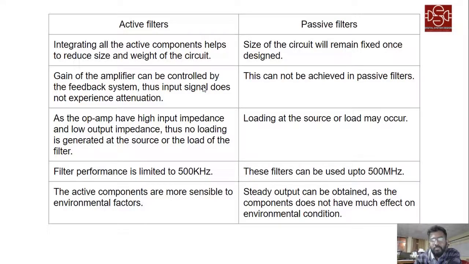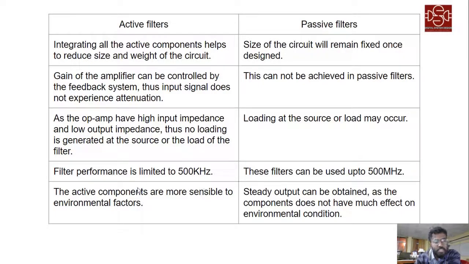It's a good thing, but the main drawback is that the filter performance is limited to 500 kilohertz, whereas for passive filters it is 500 megahertz, which is a big difference that affects applications a lot. So this point gives passive filters a huge application field.